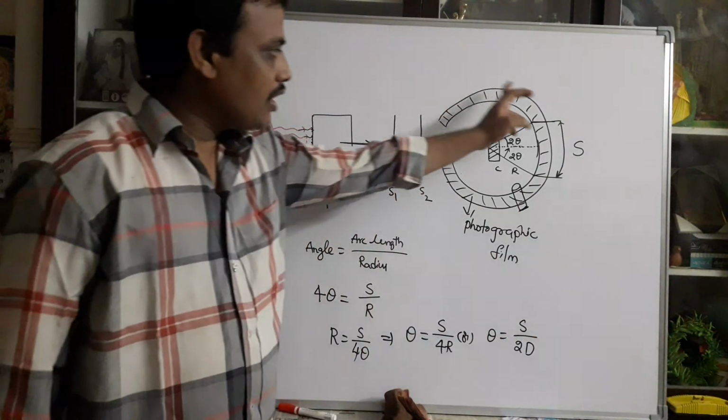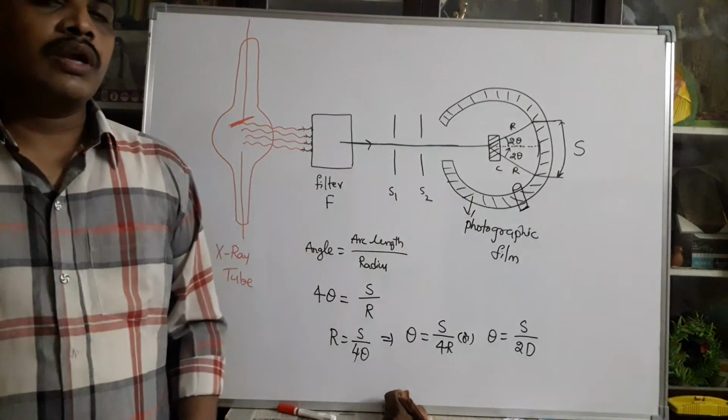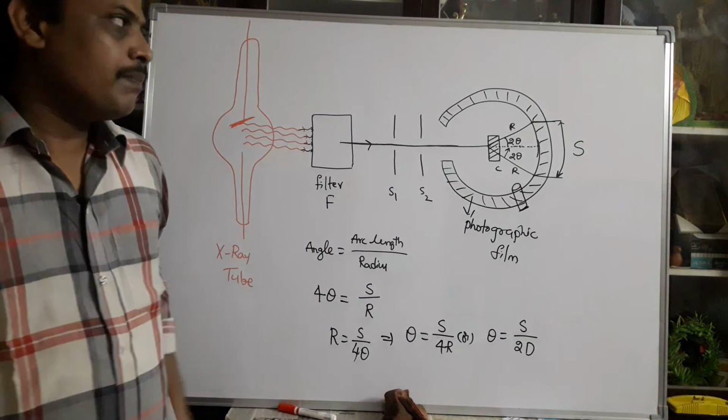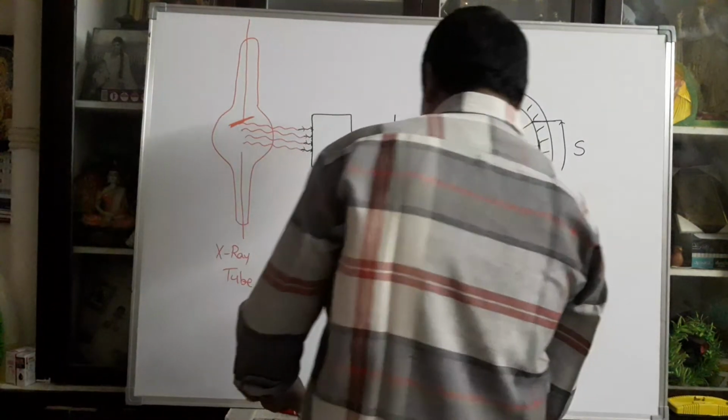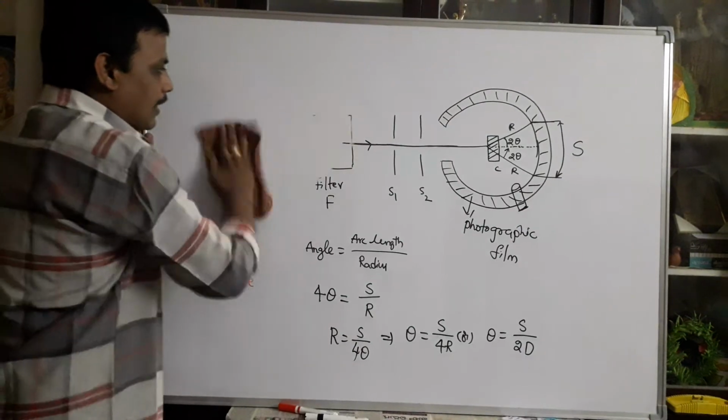So this circular photographic plate is taken in rectangular form, particularly a rectangular plane sheet like this.